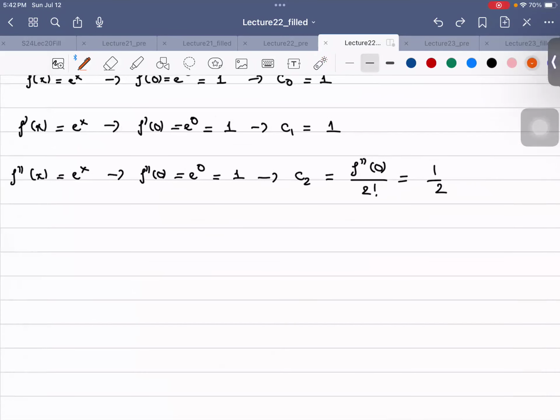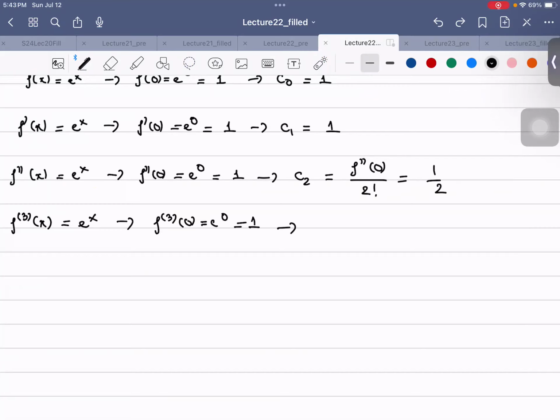And if I consider the third order derivative, when I take the derivative of this function, I still have e to the x again, and the third order derivative at 0 will be e to the 0 as well, which is 1.